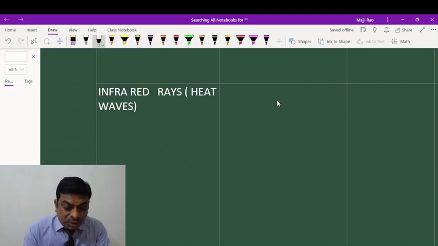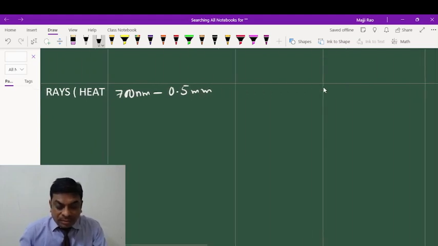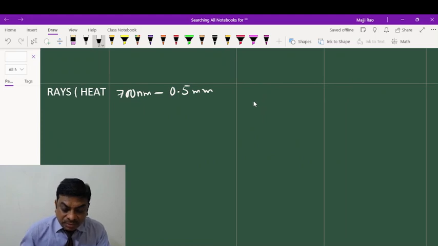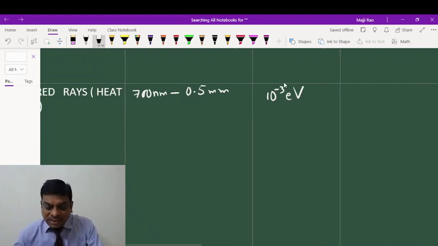Okay, students. For infrared radiation, first we'll see the wavelength. It ranges from roughly 700 nanometer to around 0.5 millimeter, and the energy is of the order of 10 to the power minus 3 electron volt. It's very less, in fact.